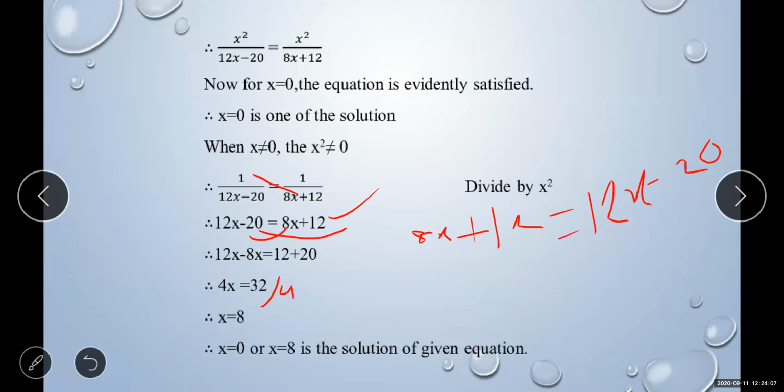So x is equal to 8. Okay. Now, x equal to 0 is one of the solutions, and the second solution we got is x equal to 8. So these are the solutions of the given equation. So we solved them. How did we solve them? Just take a recap of this.